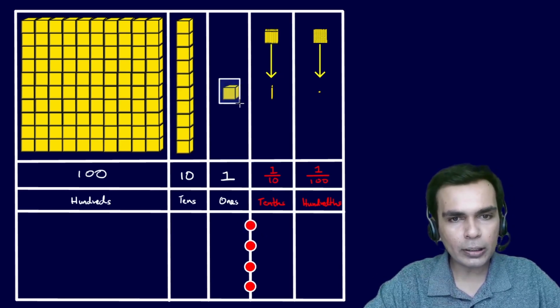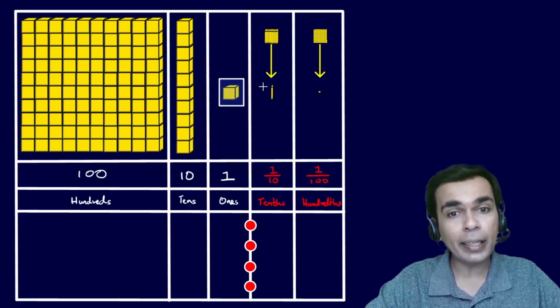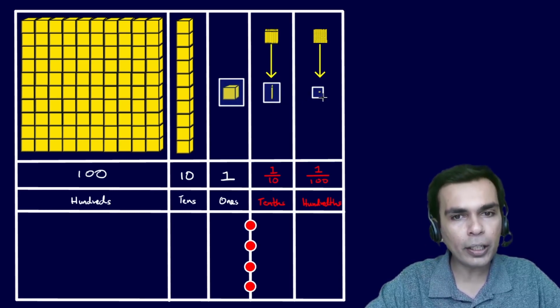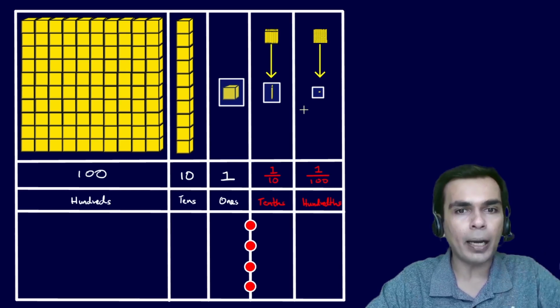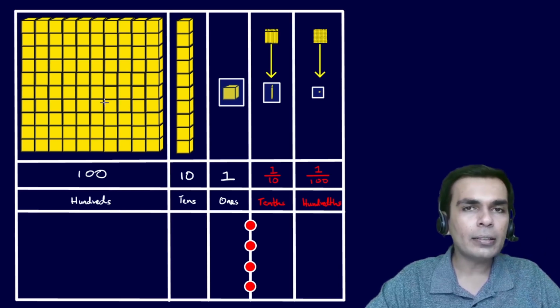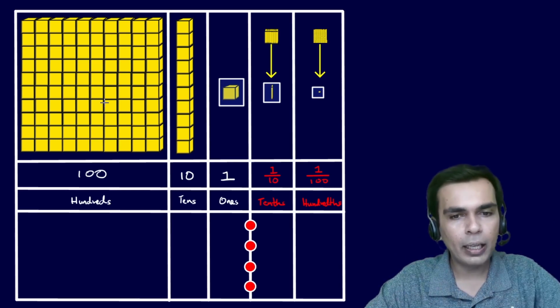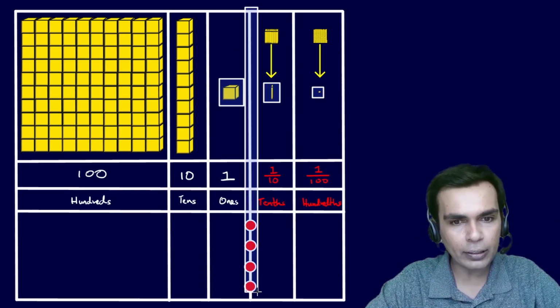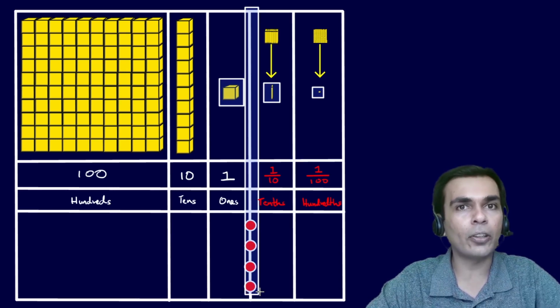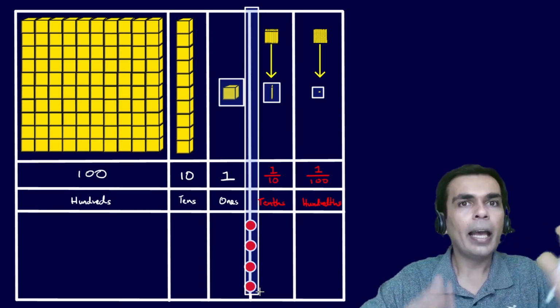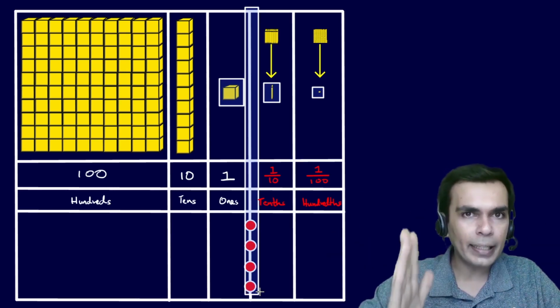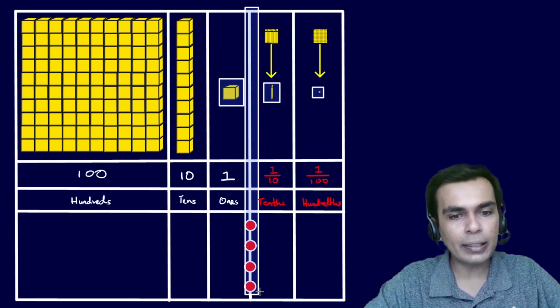So now, of course, this is one barfi, but now on the right side, we have to cut it into 10 parts, or we have to cut it into 100 parts, which is 10 times 10 parts. So to the left is 10 times and to the right is 10 times of the division or breaking into parts. And of course, in the center, we have this decimal point here to tell us that on the left is the ones, tens, hundreds, and on the right, of course, is the tenths, the hundredths.